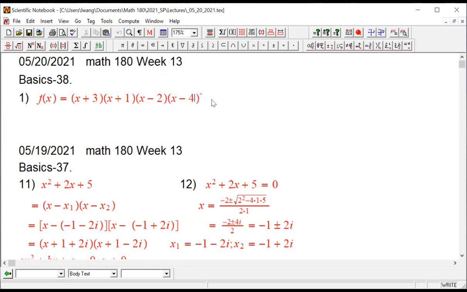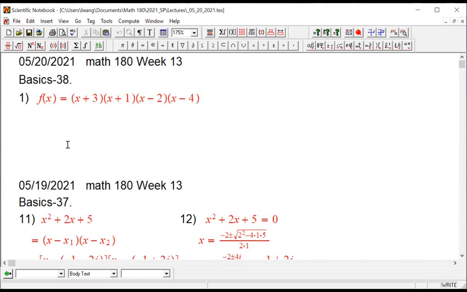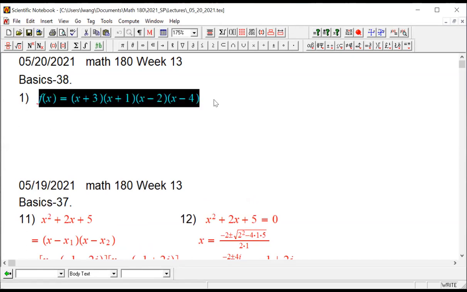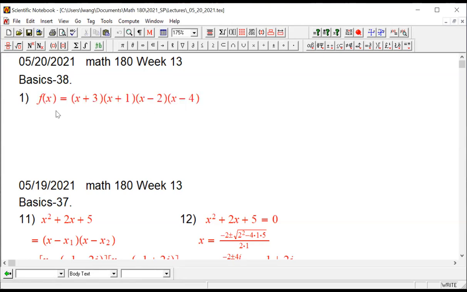Once we have the factor form, if you recall what we learned in the factorization theorem or fundamental theorem of algebra, then you can tell the x-intercepts right away, and for the y-intercept, you just plug in the numbers.